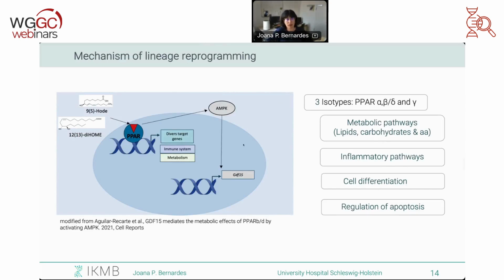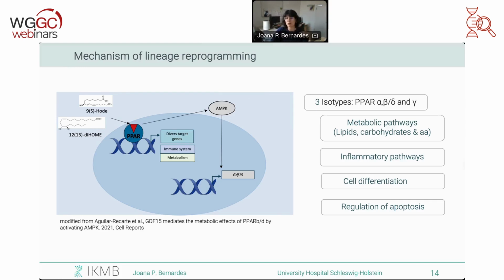And this PPAR seems to be part of the mechanism that induces GDF15, but this is only a model. So we know that 9-HODE and 12,13-diHOME are up, PPAR is up, and that leads to GDF15 up, sorry. How all of this works, we need to check, because at the moment it's only correlations.